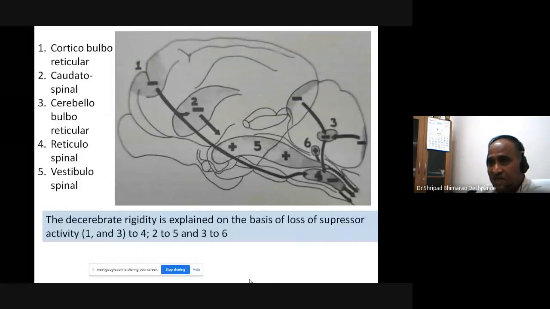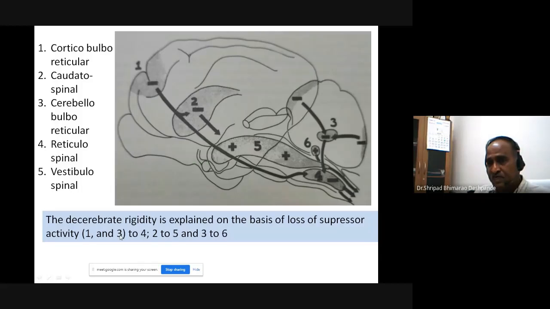Now, same thing here. You are missing this component because it is cut somewhere here. You are missing this release phenomenon. This would be more excitation. So now decerebrate rigidity is explained on the basis of loss of suppressor activity: 1 and 3, 2 to 4, 1 and 3 to 4, and this should be 1 and 2.